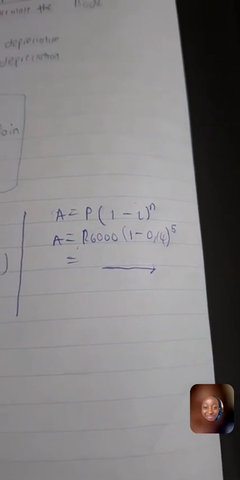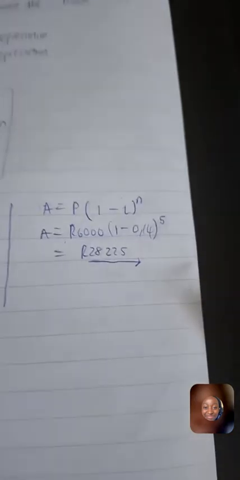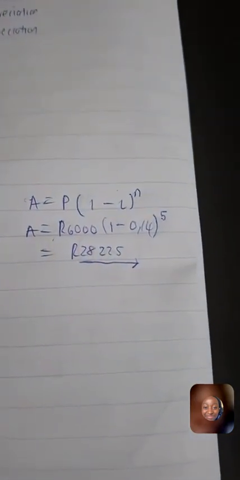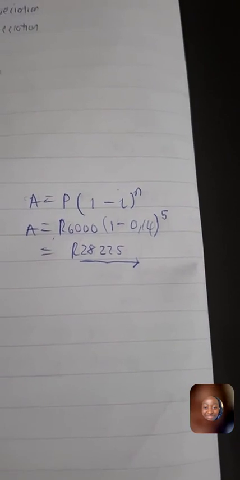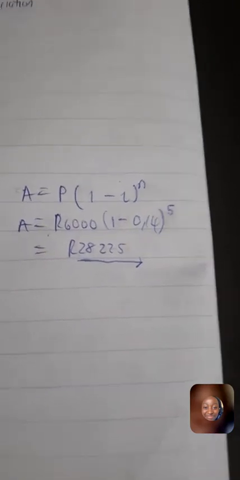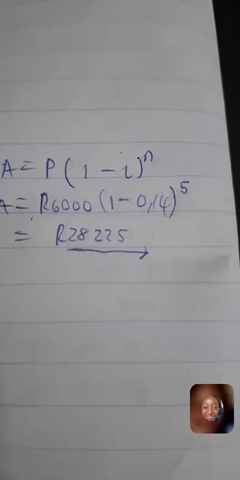And our answer is 28,225. If you round that off for me to two decimal places, what is it? I mean the number that comes after the comma. I'm saying round it off to two decimal places.